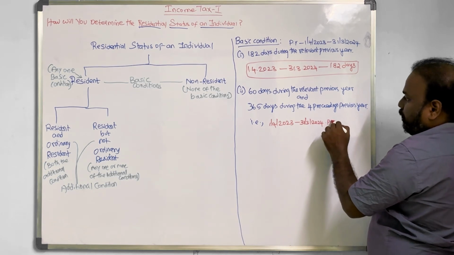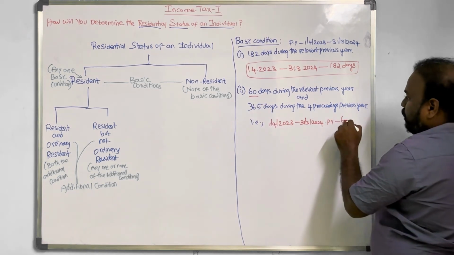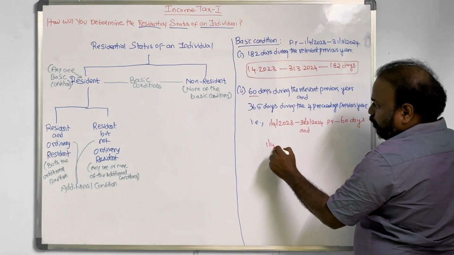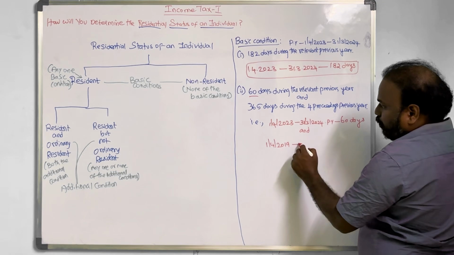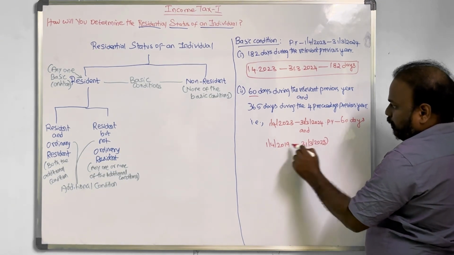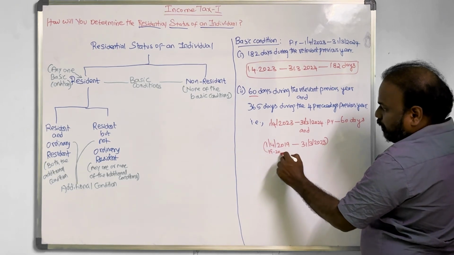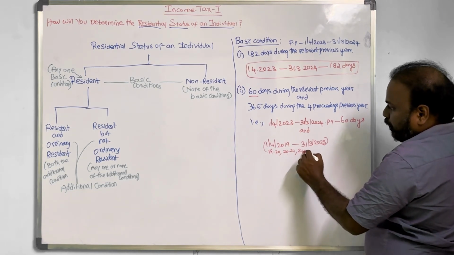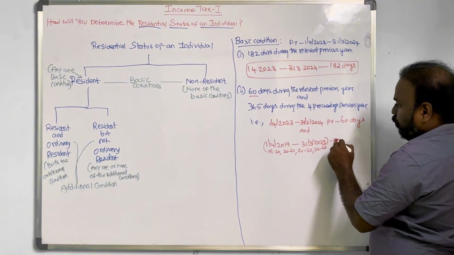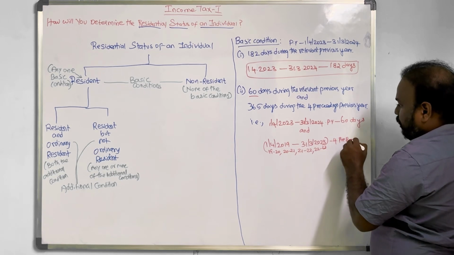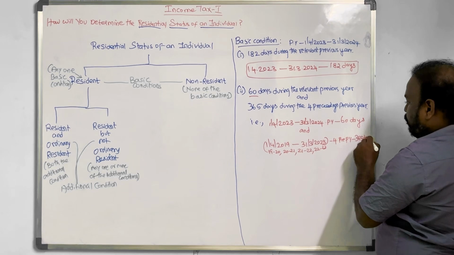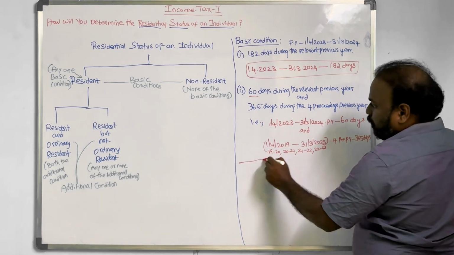The previous year is 1/4/2023 to 31/3/2024. Here you should be in India for 60 days, and from 2019 to 31/3/2023, that is 19 to 20, 20 to 21, 21 to 22, 22 to 23, these are the 4 preceding previous years, you must be in India for 365 days. This is the basic condition.